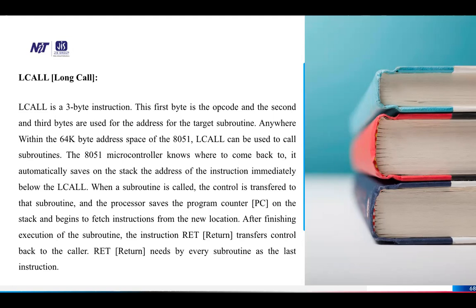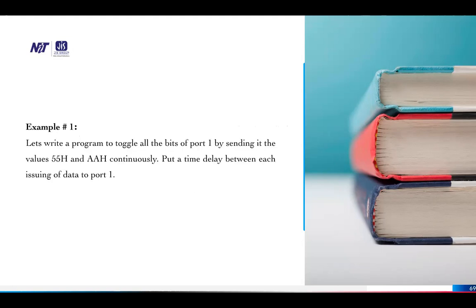After finishing execution of the subroutine, the instruction RET transfers the control back to the caller, to the position from where it was called. RET is needed by every subroutine as the last instruction, like the end of any program, it is also the end of any call. And after that, it resumes its original normal work.